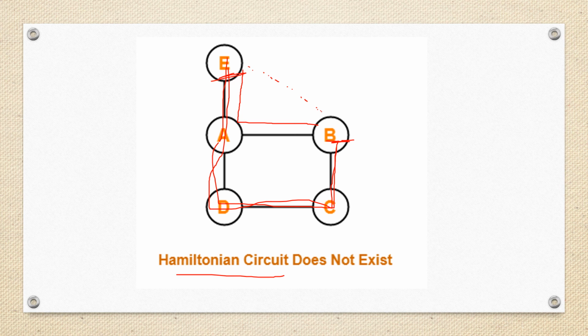Puwera na lang yung starting vertex natin na pwede natin gamitin twice. Kasi doon tayo mag-e-end. Yung vertex na yun is going to be the starting vertex and the end vertex. So again, in this graph, Hamiltonian circuit does not exist.